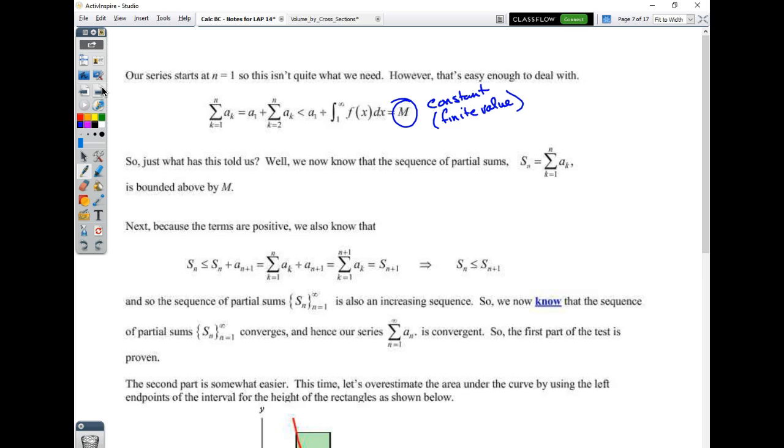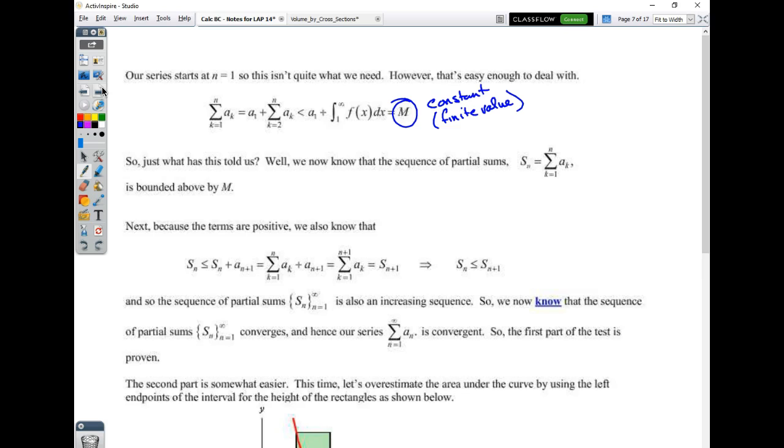What winds up happening is to turn this into a k from 1 to n, we had to add an a of 1 to my summation. And if I add a of 1 to the summation here, I have to add an a of 1 to the integral here. Well, a finite convergent thing plus a constant, is that still convergent? Absolutely.